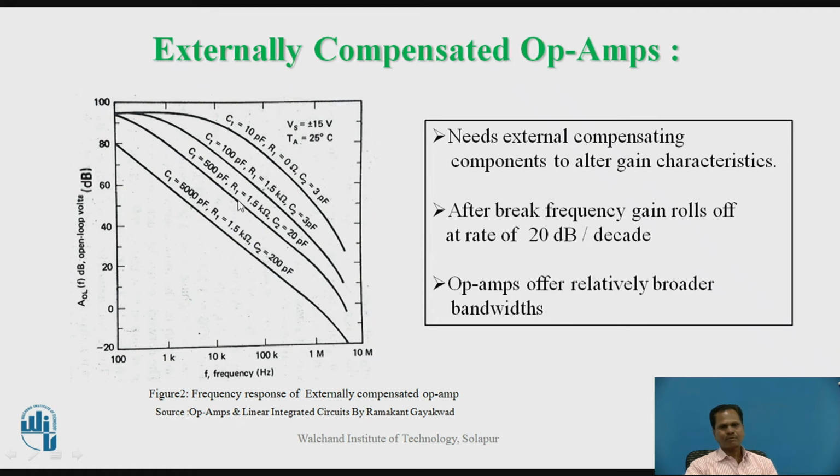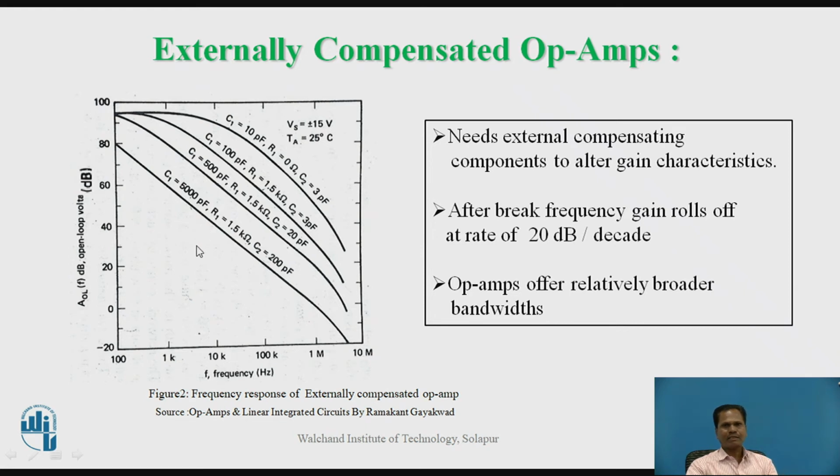So this figure shows a graph of gain versus input signal frequency at different values of frequency compensating components like resistors and capacitors. From this frequency response plot, it is seen that the open loop bandwidth of the externally compensated operational amplifier decreases from the outermost frequency response curve to the innermost frequency response curve.